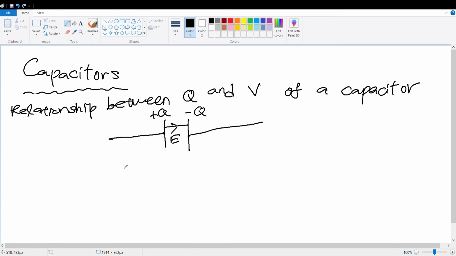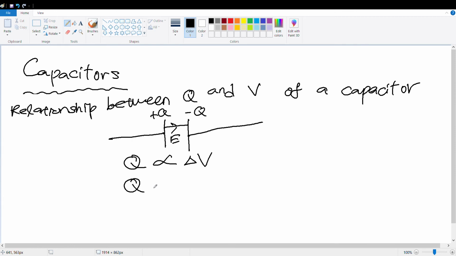So this explains that the electrical charge is directly proportional to the potential difference. The larger the electrical charge, the higher the potential difference across the two plates. Basically, in this relation, we can convert it into an equation.